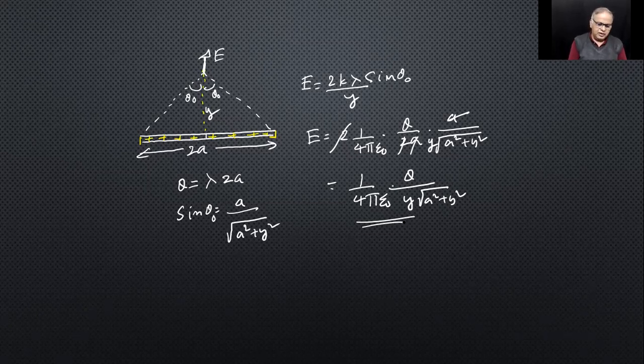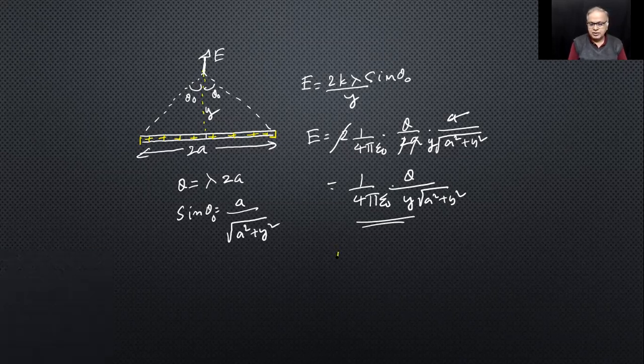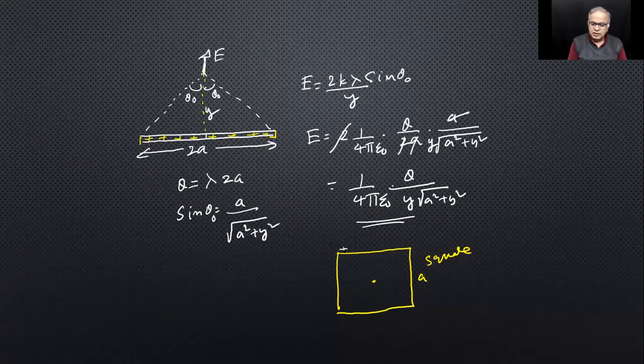So this is going to be very, very important for us to go for special cases and to apply it in various problems. For example, an immediate numerical I can give you. This is a square of side A. Somehow I've got plus line charge here and minus line charge here.